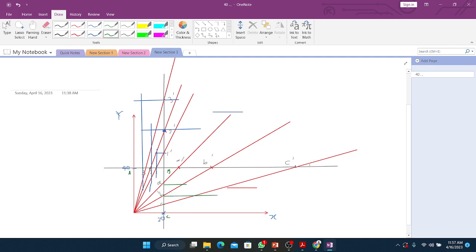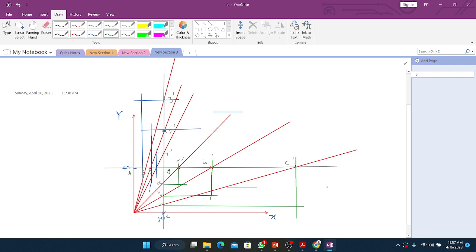Okay, it's a bit right. Then from here, through the C point also you want to draw a horizontal line up to this point. So now we are going to draw a vertical line through this A dash, through B we are going to draw a vertical line, and through C also a vertical line.